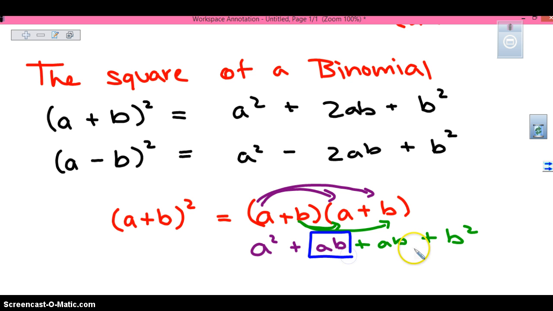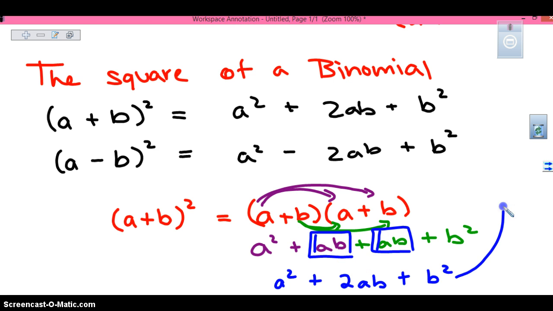If we combine like terms, we have a squared plus 2ab plus b squared. Why 2ab? Because the coefficients are 1 and 1 right here. Do you see how this is exactly the same thing as this?